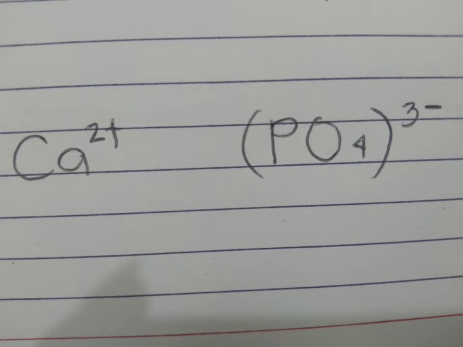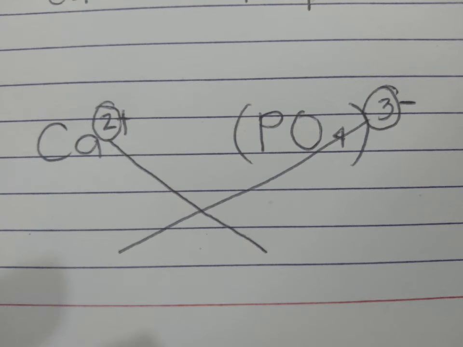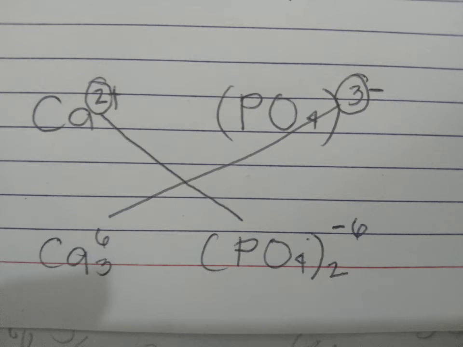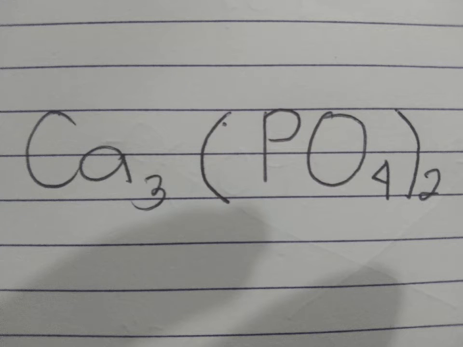So the given now is calcium equals Ca 2 positive and phosphate equals PO4 in parentheses with 3 negative, then do the lasso. Then the ionic compound formula is Ca3(PO4)2.